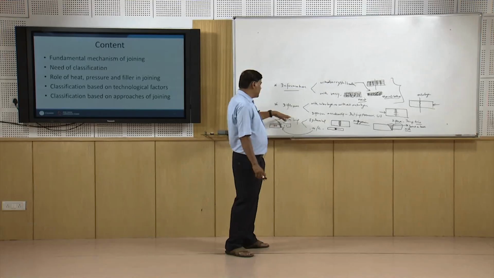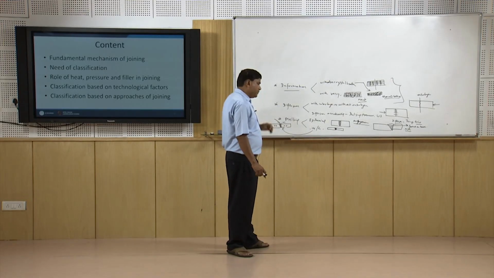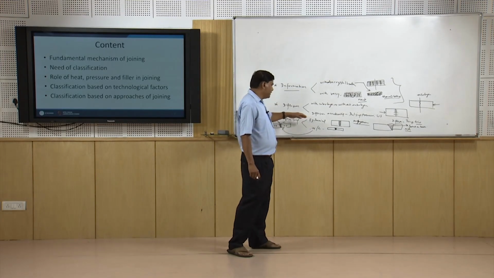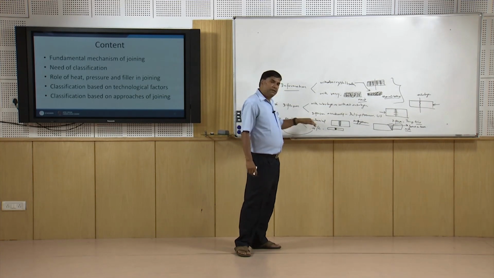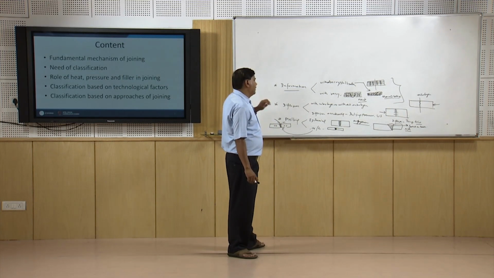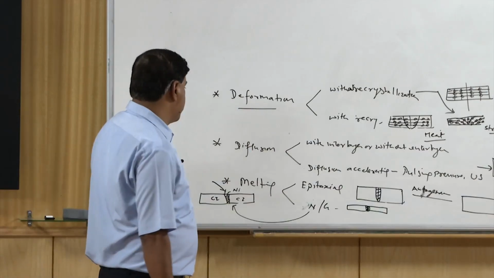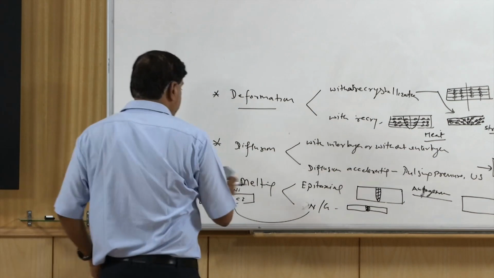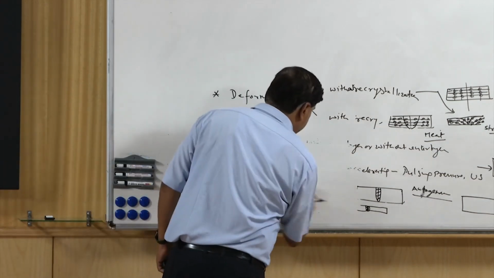So whenever fusion is the joining mechanism, you will see that either the epitaxial or the nucleation and growth mechanisms are involved for completion of the solidification. So these are the fundamental mechanisms.